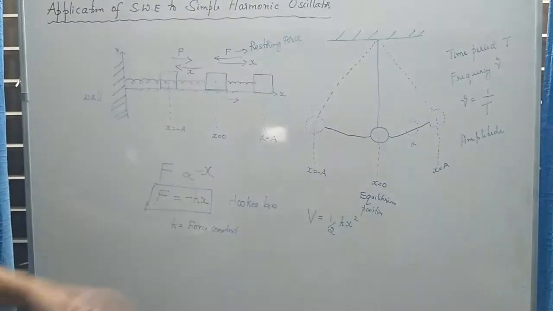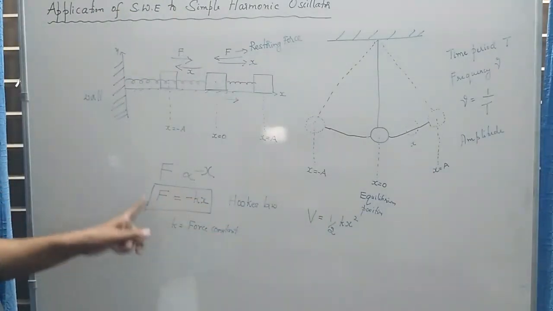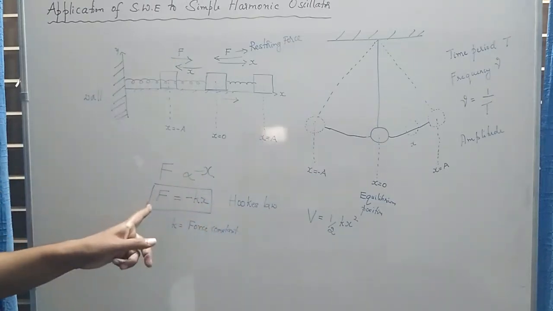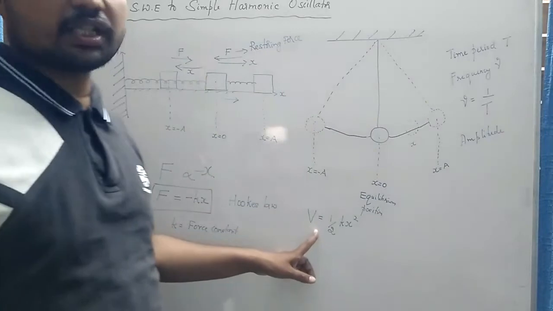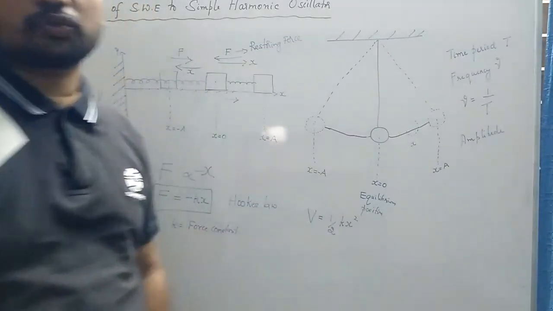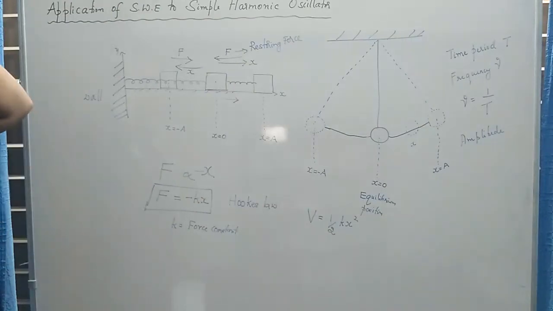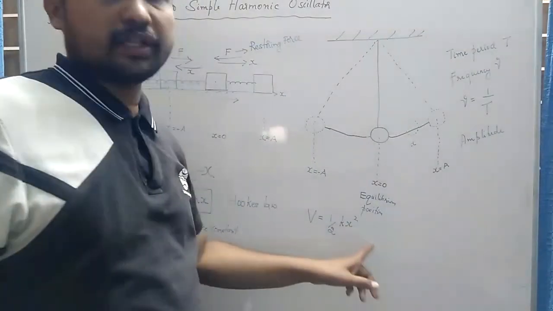So force is given by minus k into x. Because the force is given by this equation, it can be shown that the potential energy for this force should be equal to half into k into x square. So the potential energy of simple harmonic motion is given by V is equal to half k x square.